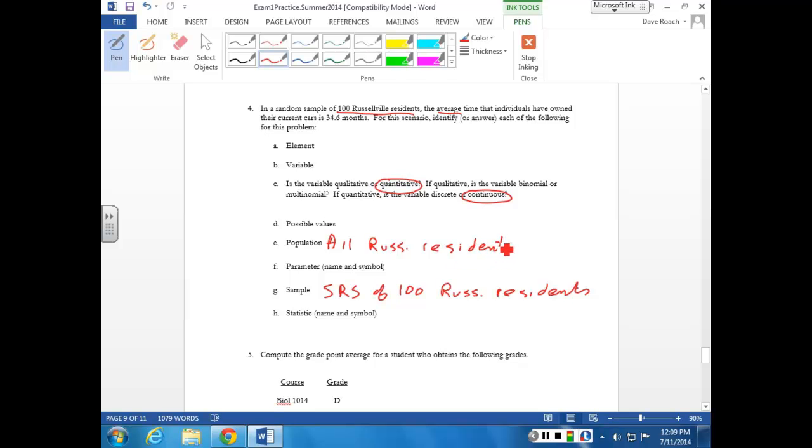And the element or unit of observation or case is one Russellville resident. The variable is what we're asking of each Russellville resident, and that's how long you've owned your current car.